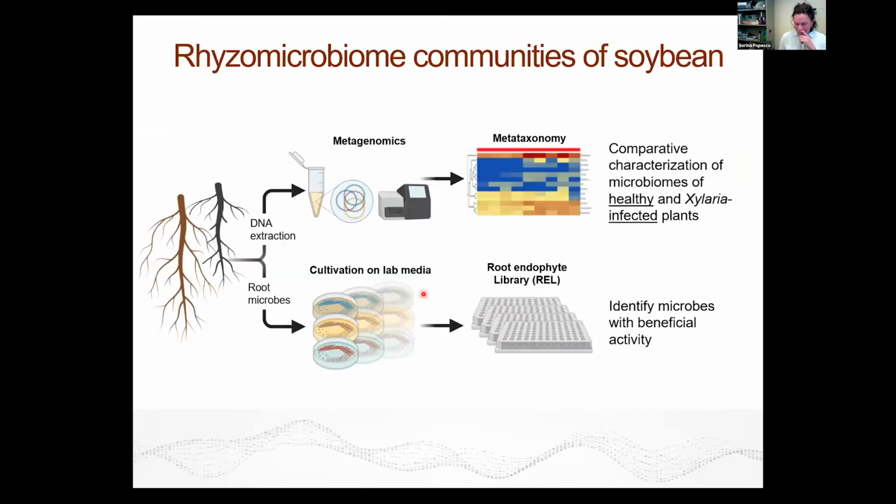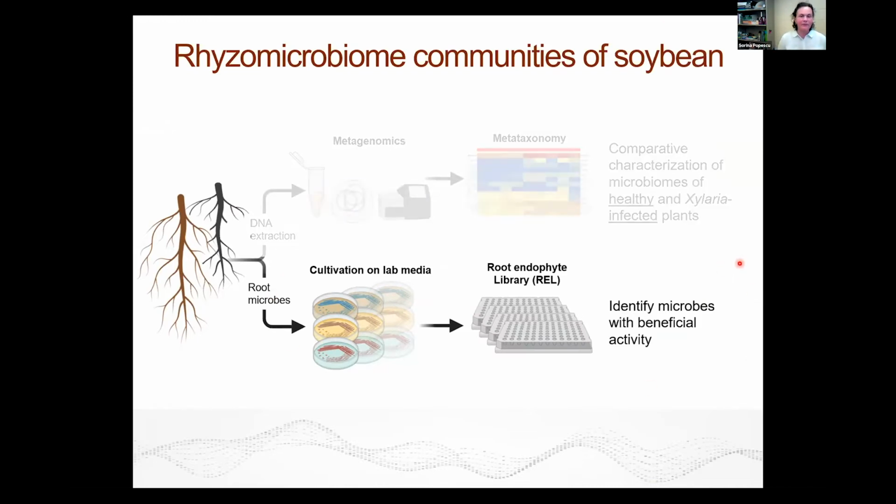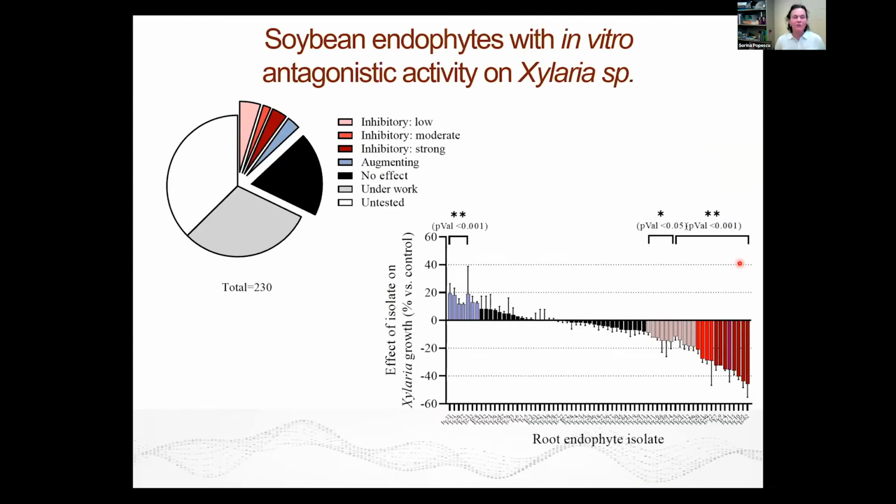All right, so let me now switch and tell you about the second set of experiments, making the library and testing these pathogenic strains. So far, we were able to isolate about 230 distinct bacterial strains from healthy soybean roots.